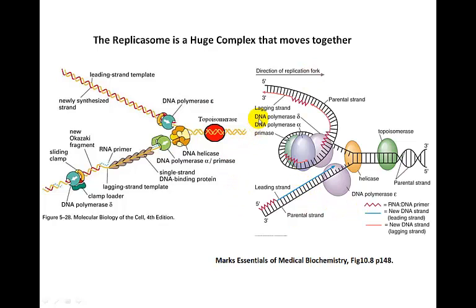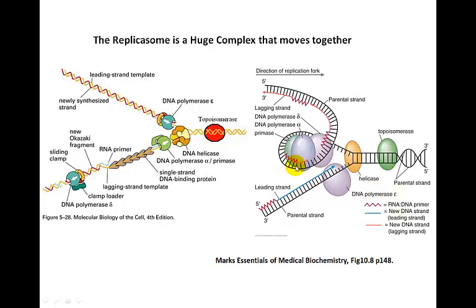So here's lagging strand, primer, primer. Here's a lagging strand that we're now extending. Here's the leading strand. This was our first primer. Here's DNA polymerase epsilon. Here's the helicase opening up the replication fork. Here's the topoisomerase relieving the supercoiling as we're pulling the two strands apart. So notice, here's our alpha complex. Here's our delta complex. The primase is all in one complex. The delta and the alpha and the primase are in a complex with the epsilon.